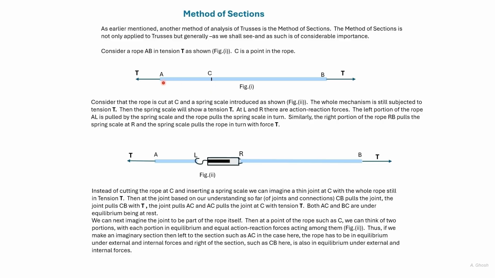Or in other words, we can say that AC is in equilibrium due to the external force applied at A and due to a force applied by CB at C. And CB is in equilibrium due to a force P applied at B and a force due to AC applied at C. So AC is in equilibrium under an external force and an internal force due to CB.